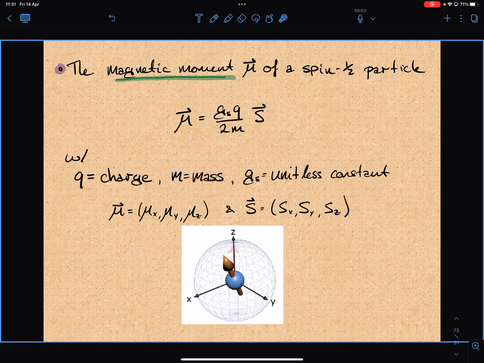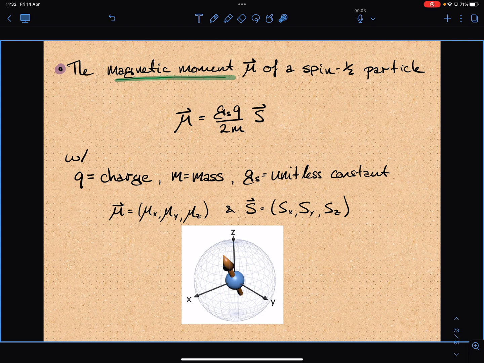The magnet's either pointing up or pointing down. And that's going to be true in any direction. If you measure it in the Y direction, it's either going to be pointing up or down. And in the X direction, it's either going to be pointing this way or that way.